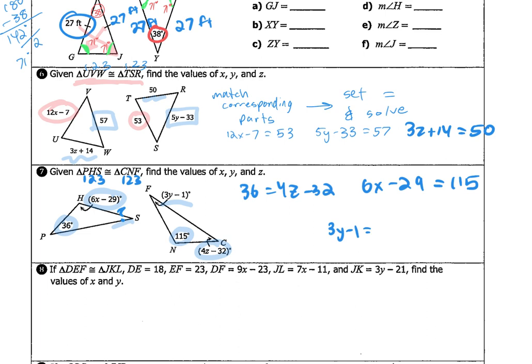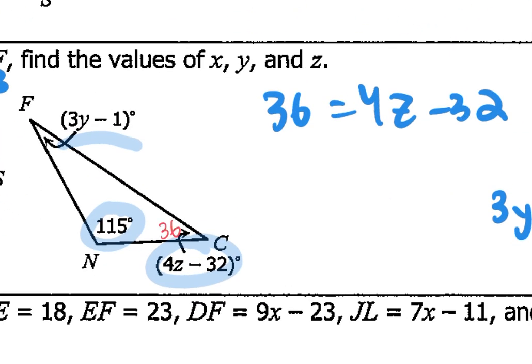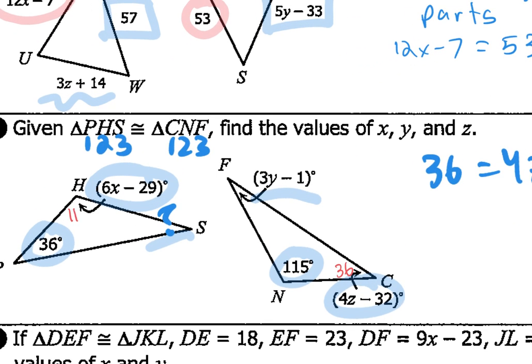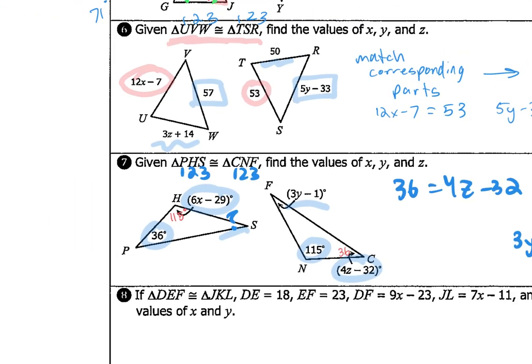And so the way I would think about it is what might be helpful just from the beginning would say, okay, I know that if P is 36, we said that C was 36, right? And I know that if N is 115, H is 115 degrees, okay?